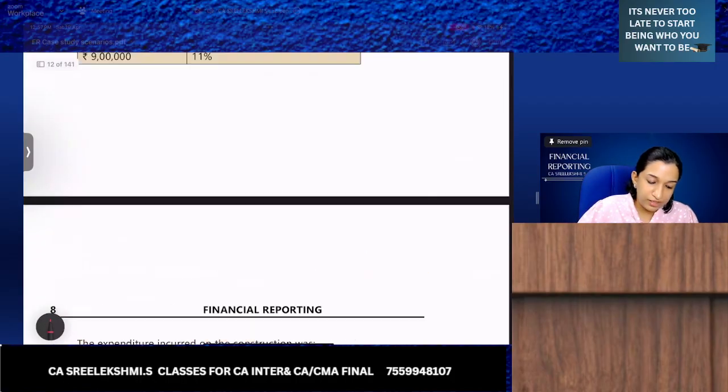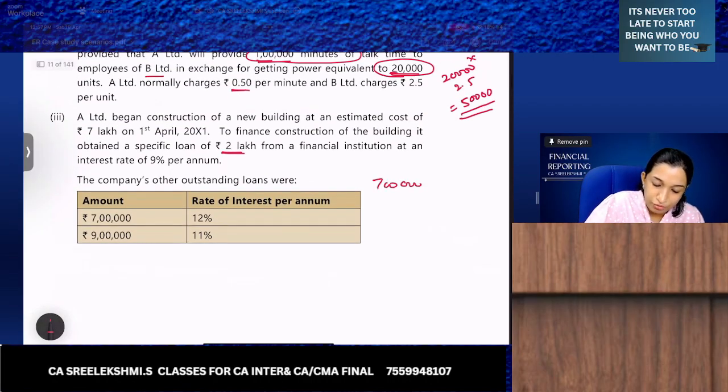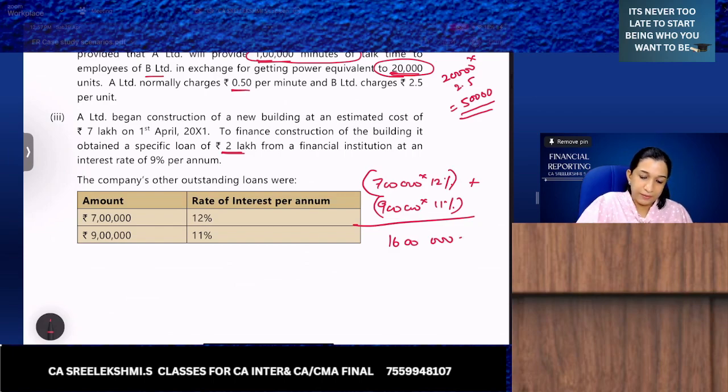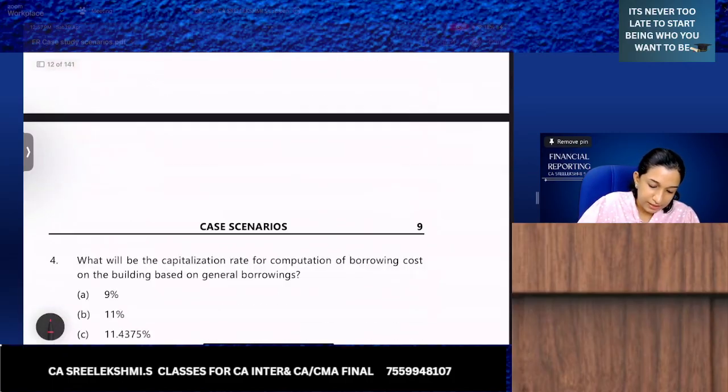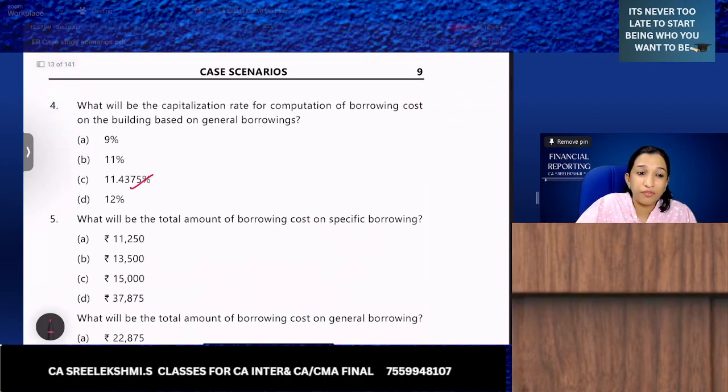On general borrowings, what will be the capitalization rate? 7 lakh into 12 percentage plus 9 lakhs into 11 percentage divided by 16 lakhs. So it is 11.4375 percentage.